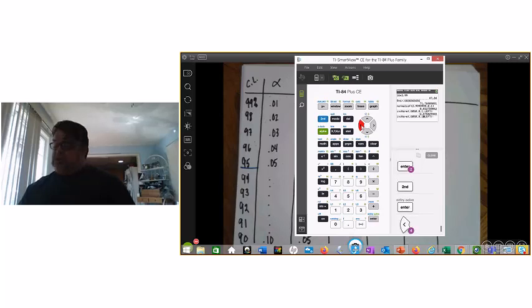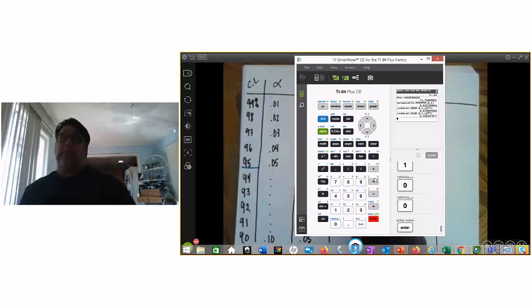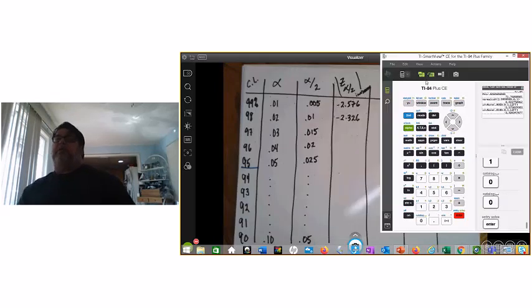Next, I'm going to change it to 0.0100. Negative 2.326. I'm sorry, move it over. Second entry. 0.0150.